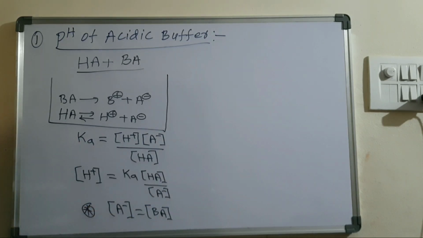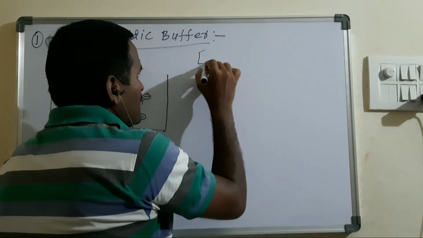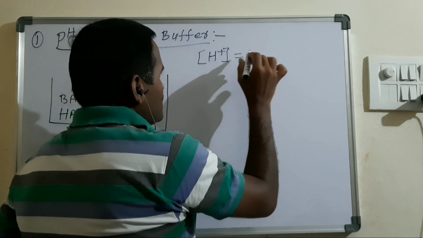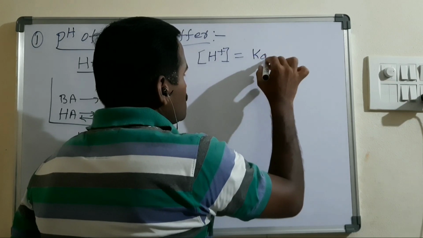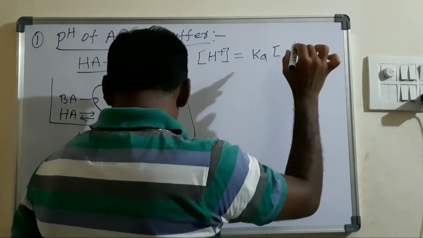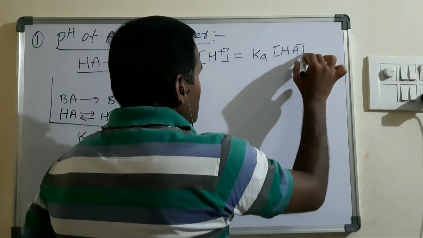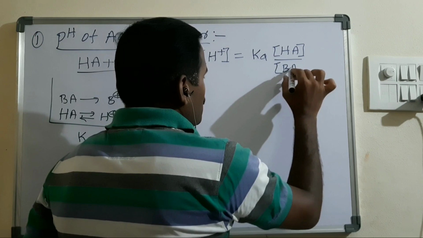BA is nothing but the salt, right? So H plus ion concentration equals Ka into HA concentration divided by the salt concentration BA.